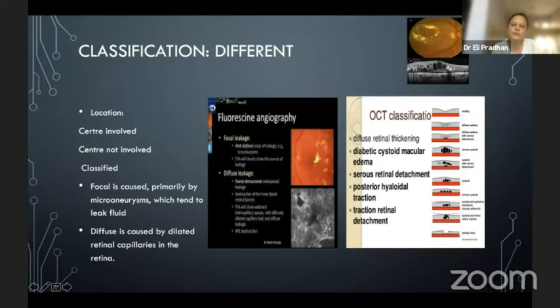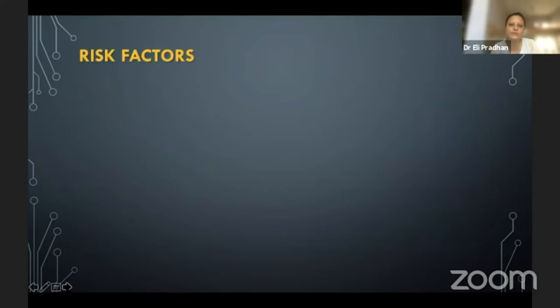There are FFA-based and OCT-based classifications of diabetic macular edema. There are different classifications, but our main aim is to treat and manage diabetic macular edema within the SAARC region.